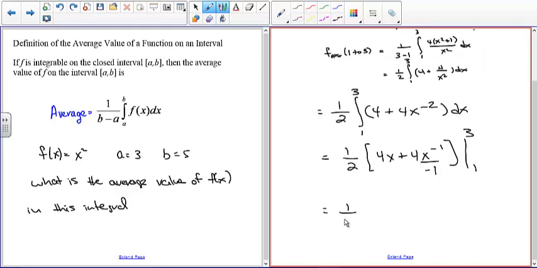So let's clean that up a little bit. We can multiply the 1/2 times 4, so that's going to be 2x minus 4 over x. What I've done there is the negative sign comes out front, move that to the denominator, and then I evaluate that between 1 and 3.